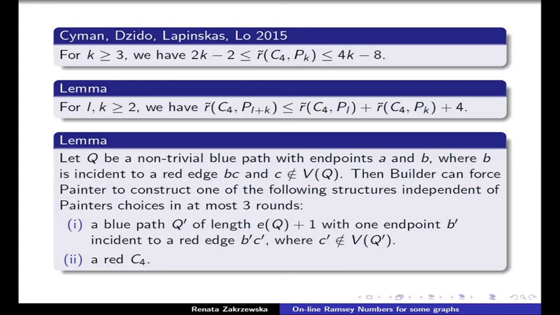Let Q be a non-trivial blue path with endpoints A and B, where B is incident to a red edge BC and C is not a vertex of Q. Then builder can force painter to construct one of the following structures, independent of painter's choice, in at most 3 rounds: a blue path Q prime of length A plus 1 with one endpoint B prime incident to a red edge B prime C prime, where C prime is not in the vertices of Q prime, or a red C4.